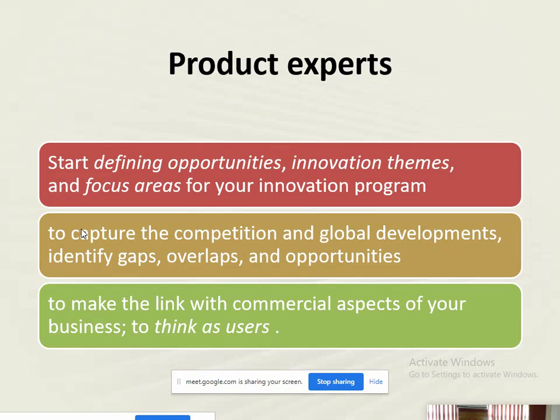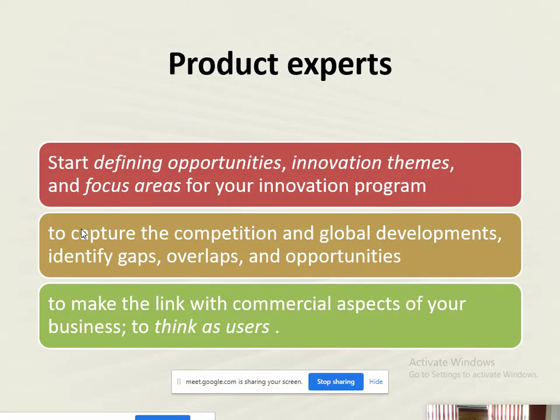Then next is product experts. Definitely, product experts will check what is the product and what is the outcome of your product, and whether your customer is satisfied or not with that product. Okay, so product experts will look after this. That means they start defining opportunities, innovation themes, and focus areas for your innovation program.